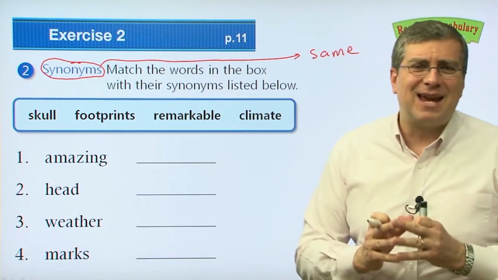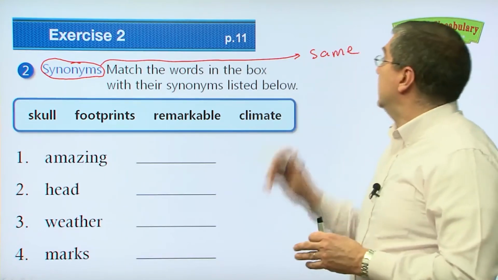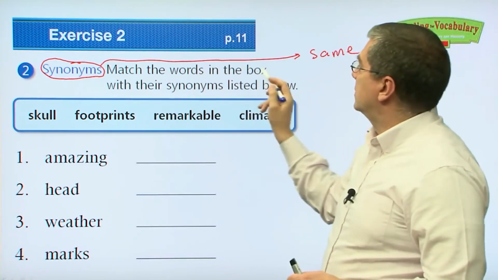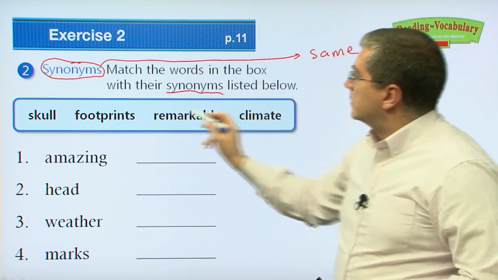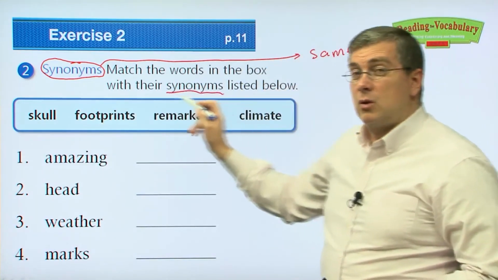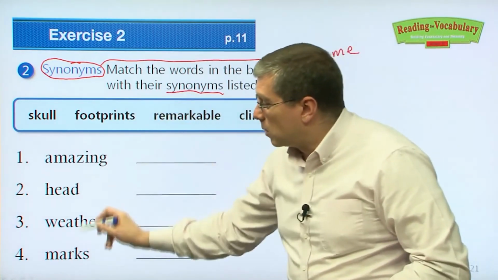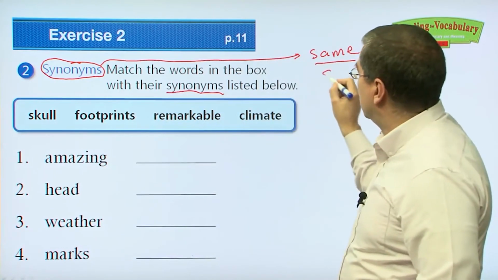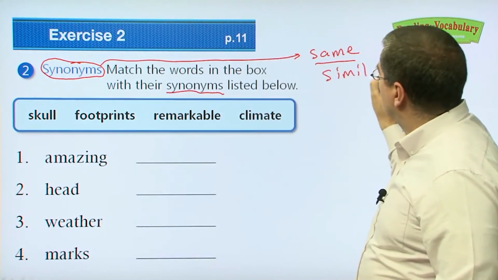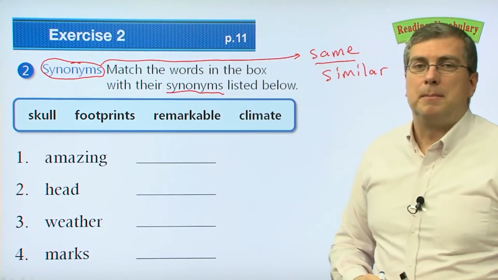Maybe not exactly the same, but similar meanings. Match the words in the box with their synonyms listed below. So these words in the box, we need to match them with the word that has the same or similar meaning.